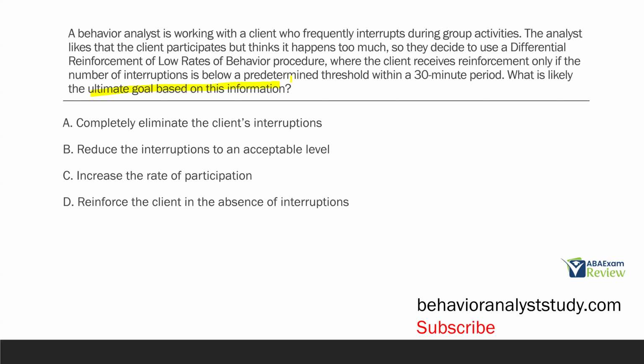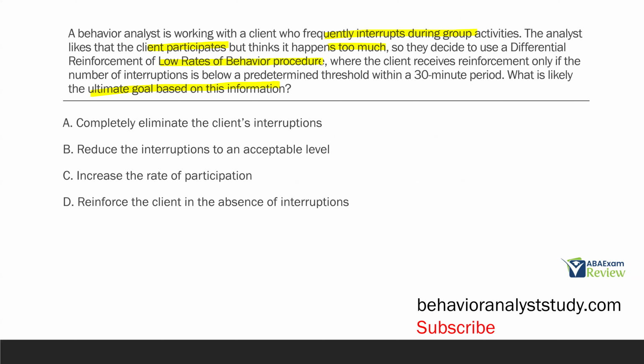What is our goal? We're a behavior analyst, or we have a behavior analyst. The client interrupts too much, but the analyst likes the participation. It just happens too much. So that's the first key. Participation is good. It happens too much. So we need to reduce that. And they chose a DRL, a low rates of behavior procedure.